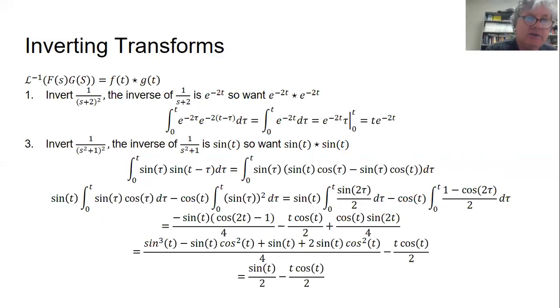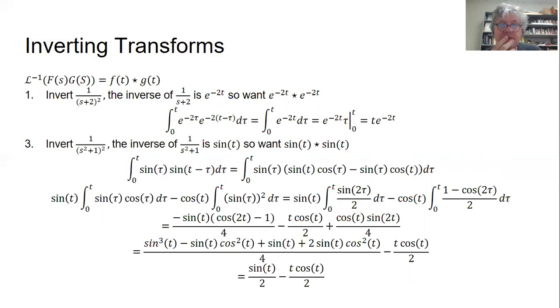So for example, we want to invert 1 over (s plus 2) squared, right? We already know what the answer is, but we know that the inverse of 1 over s plus 2 is e to the minus 2t. So we want e to the minus 2t convolved with itself. You just plug that into the definition, and you see that you've got an e to the minus 2 tau times an e to the 2 tau, so that cancels.